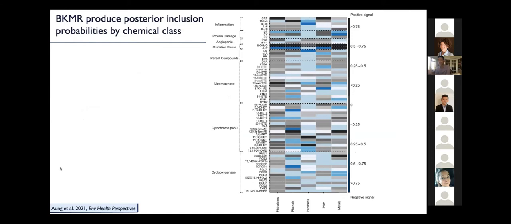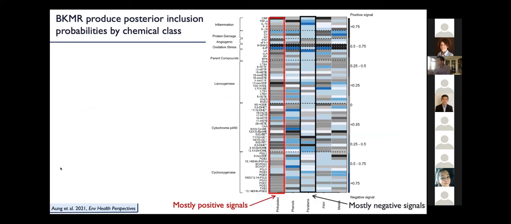So this figure here is another heat map that illustrates this whole class level variable importance in association with these individual endogenous biomarkers. The gray to black cells indicate positive signals where the darker cells are higher importance, and the blue cells indicate negative signals where the darker cells again are higher degrees of importance.